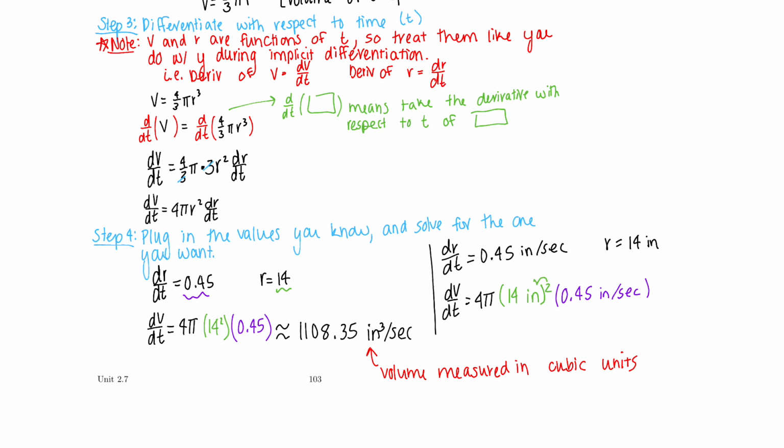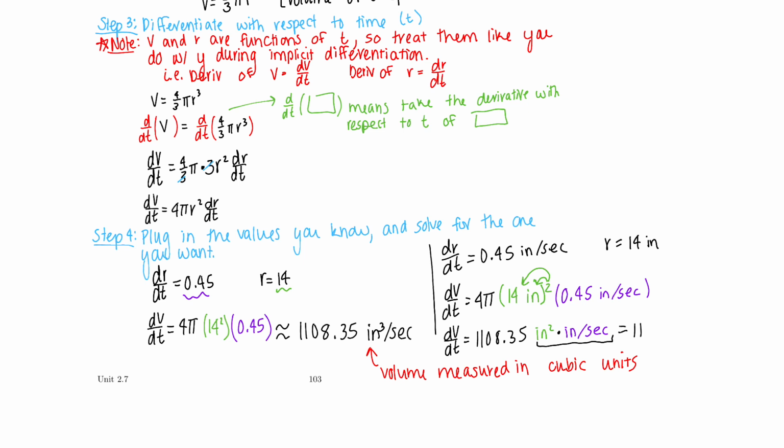This square would get distributed to the inches, and it would also get distributed to the 14. So you'd end up with this 1108.35, and then you'd have an inches squared times inches per second, and then inches squared times inches per second would be inches cubed per second.